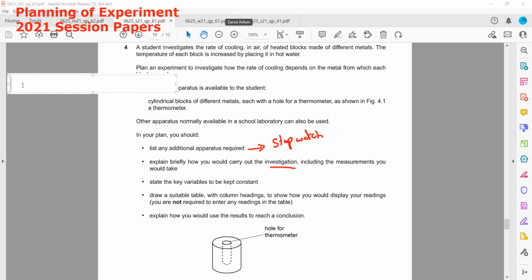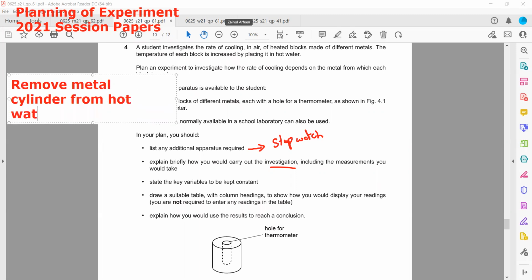So we'll remove the metal cylinder from the hot water. That is one thing. Then we'll record the initial temperature. I'm writing in short because of space, but you will write in full.